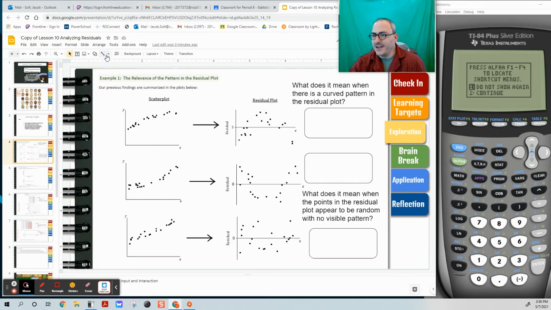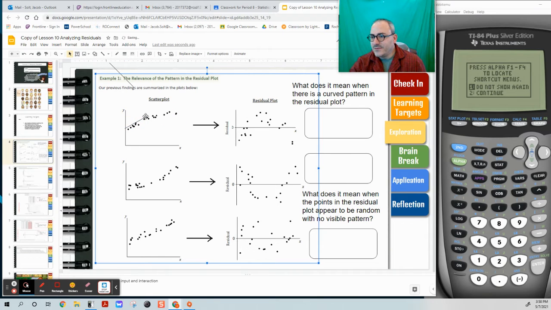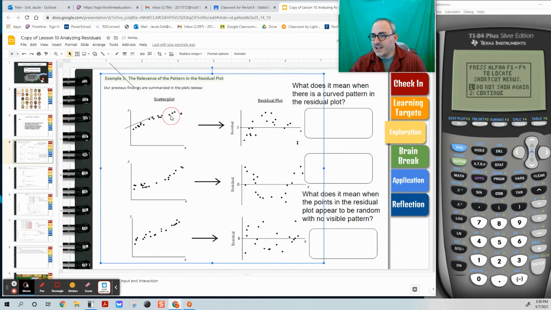Let me just draw a line here. Let me use the line tool. Let me try to create a linear line that goes through this data. Well, that was not quite what I wanted. I'm struggling here, I have to be honest. Less than ideal, Google Slides.